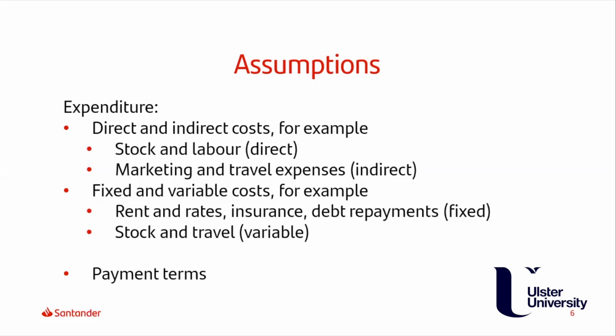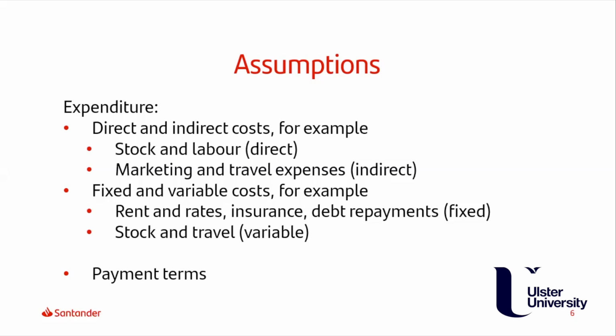And when we think about the assumptions for the money flowing out of the business, it's important that you get your head around the different types of expenditure that you will have. So you will have direct and indirect costs. So for example, stock and labour are the direct costs that you have to pay to produce your products or your services.